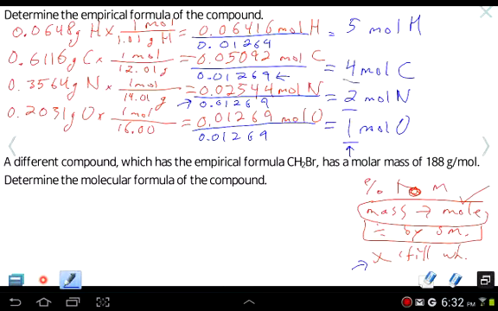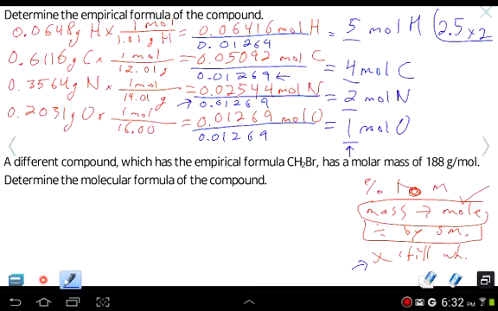If, however, you had a half number, say hydrogen was 2.5, then you'd have to multiply everything by 2, making sure you multiply absolutely every element. But because we don't have any half numbers, we don't need to worry about that.